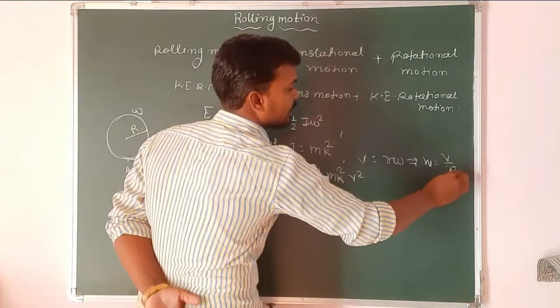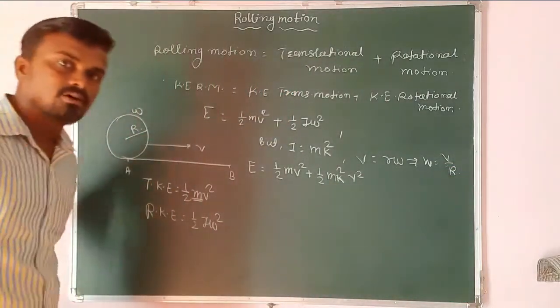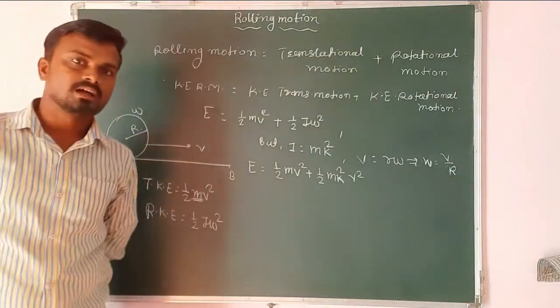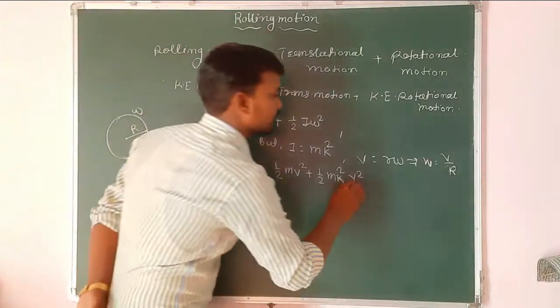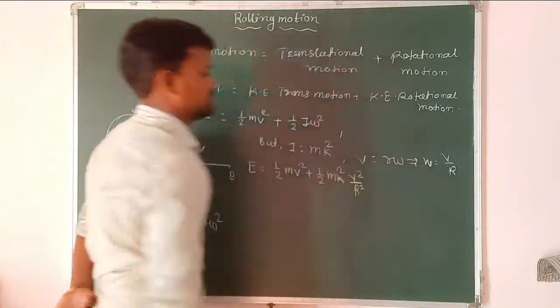Sorry, capital R, because the radius of that object we consider as capital R.